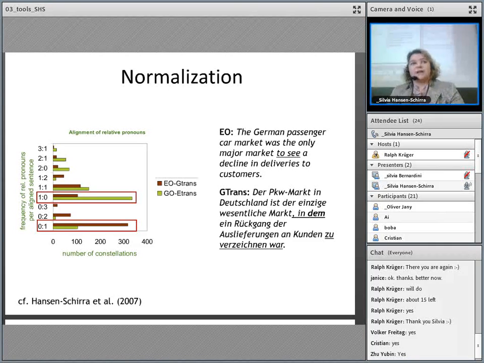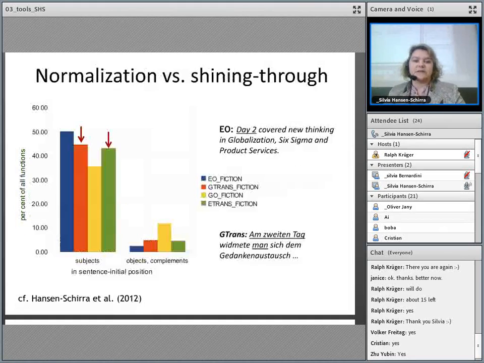Well, if you need help with it, you can just ask for non-finite structures in our corpus and get a lot of examples displayed. For example, the one you can see here, der Pkw-Markt in Deutschland ist der einzige wesentliche Markt, in dem ein Rückgang, and so on. So this is a relative clause, of course, in German, which is finite, which might be trivial, but there are more complex examples in the corpus as well.